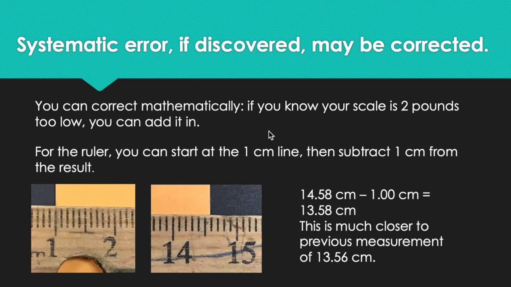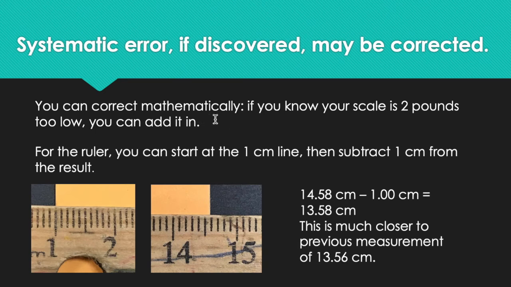Another example of correcting something: if you have a scale and you know that whenever you go to the doctor's office, you weigh 2 pounds heavier than what you think you do according to your home scale, and you start to suspect that your home scale is 2 pounds too low, then if you want to have a more accurate idea of what you weigh, you can just add 2 pounds in whenever you weigh yourself.